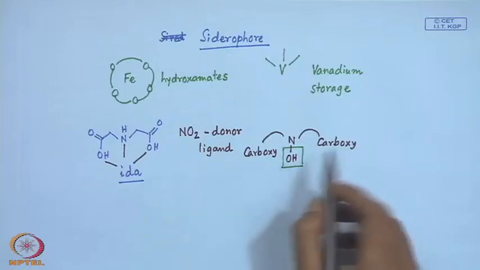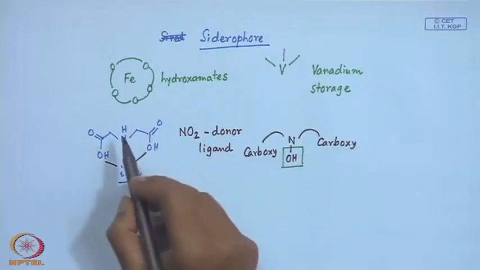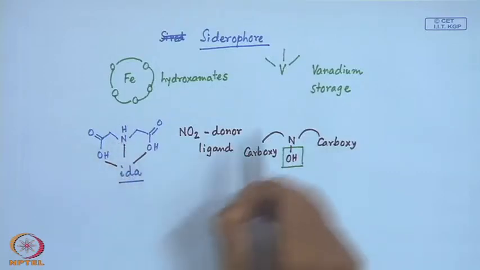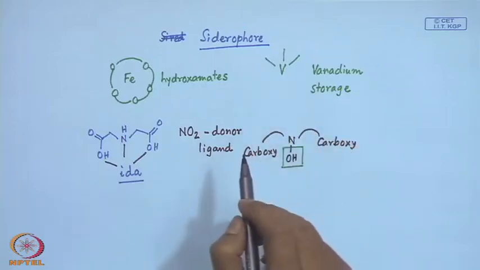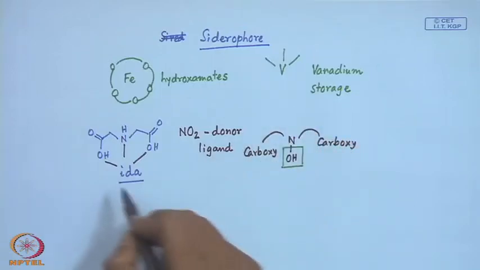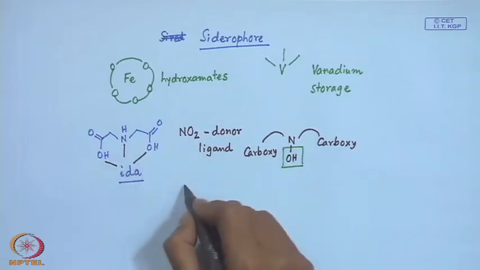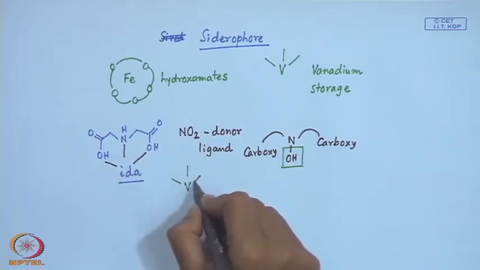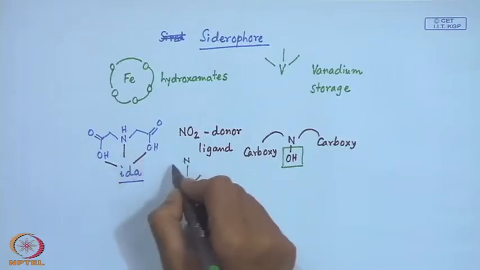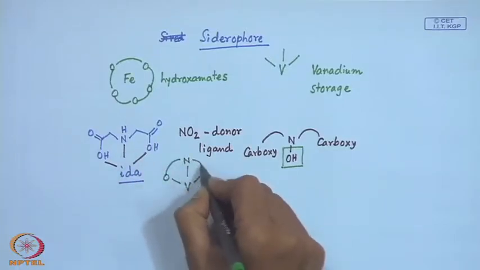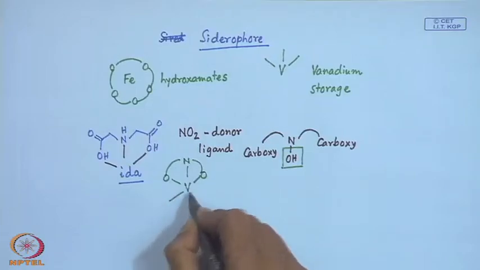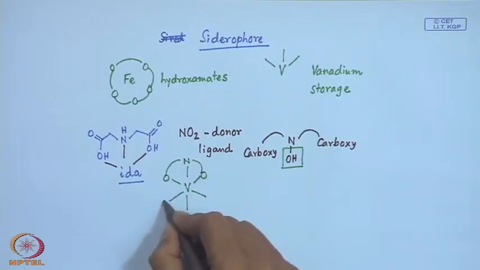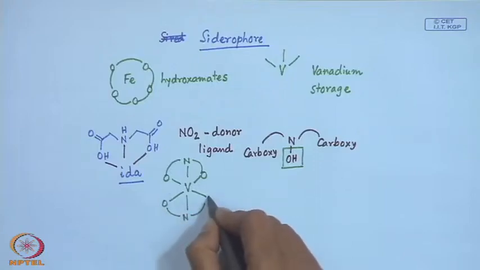How this particular NOH group, compared to the NH, can function towards the binding of the vanadium ion, we can see. If we have this vanadium center for this imino-diacetic acid, this is the nitrogen, this is the oxygen, and this is the oxygen. Similarly, on this side we have nitrogen, oxygen, and oxygen.